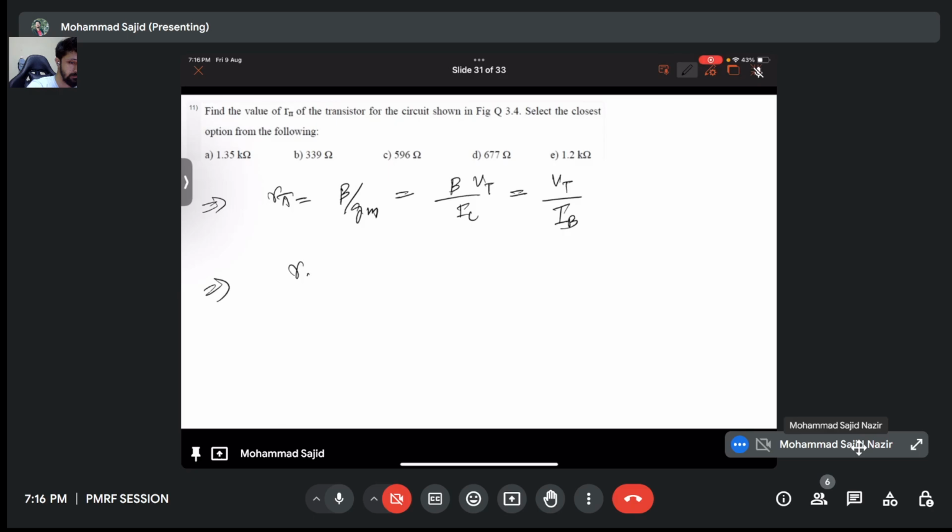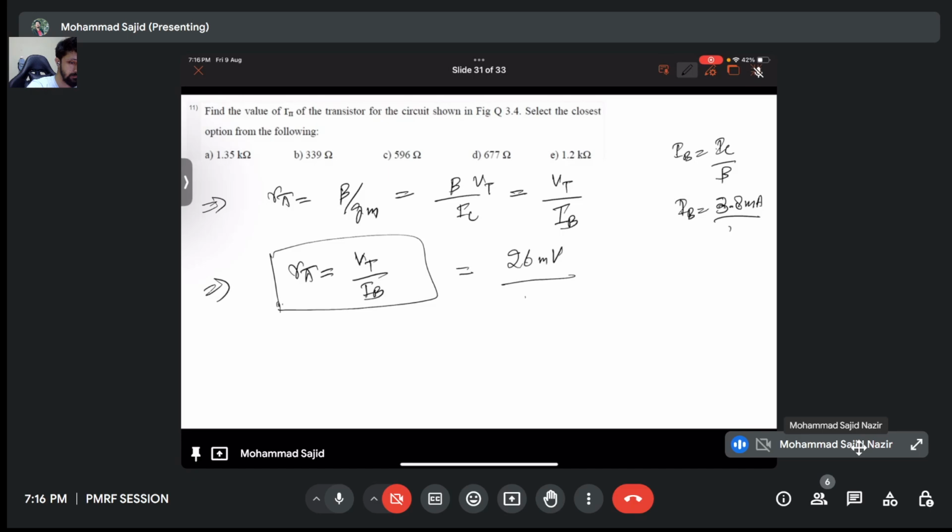So the formula for R pi I can use is VT by IB. Just remember these formulas. VT is thermal equivalent voltage, that is 26 millivolt, and IB will be IC by beta, so that is 3.8 milliampere by beta is 99.